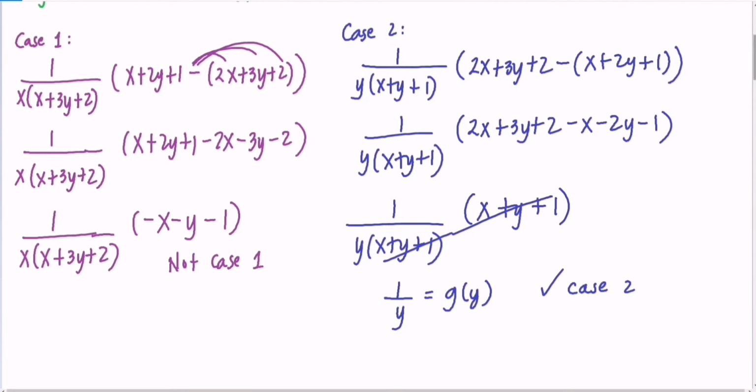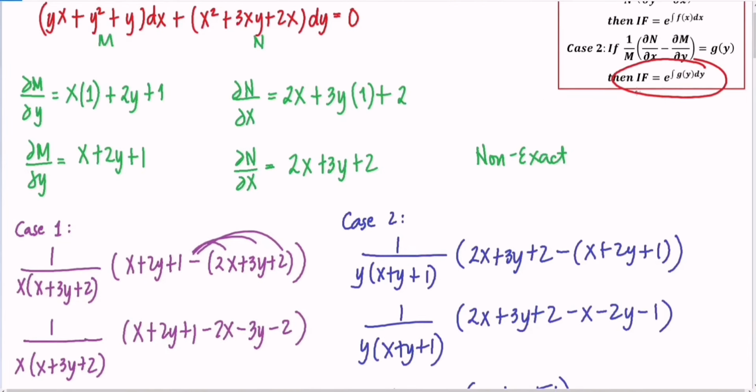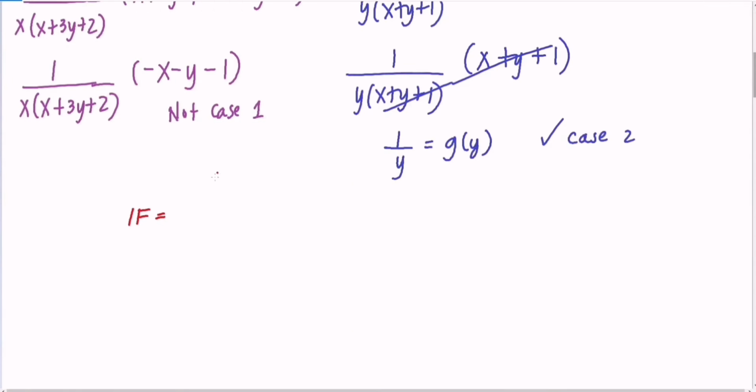Ayan. Okay, so case 2 tayo, ibig sabihin, kukunin natin yung integrating factor. Ano ba ang integrating factor ng case 2? Actually, same lang sila ng kanina. Yun nga lang, ito, g of y siya. Magiging e raised to the integral of g of y dy. Kanina, di ba, f of x dx.